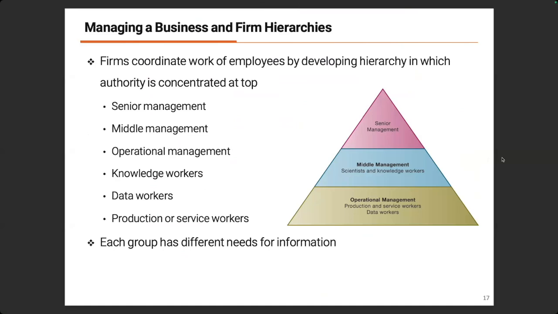And operational management needs transaction-level information, for example, the number of parts in inventory each day and the number of hours each employee has worked. Operational management manages the daily business operations, so they have an interest in such transaction-level information.